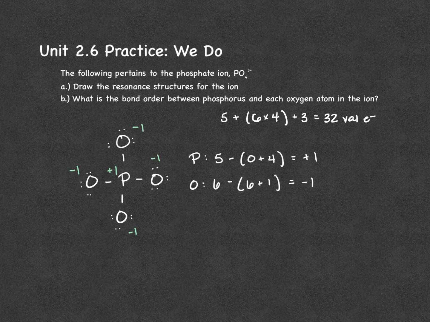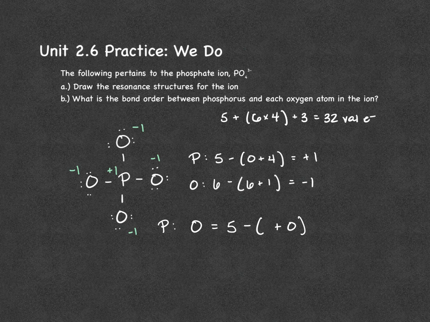So let's take a look at our phosphorus and see if we can get our formal charge to be 0 on our phosphorus. And in order to do that, if my formal charge is 0, that means I've got 5 valence electrons minus some number of bonds, plus 0, right?